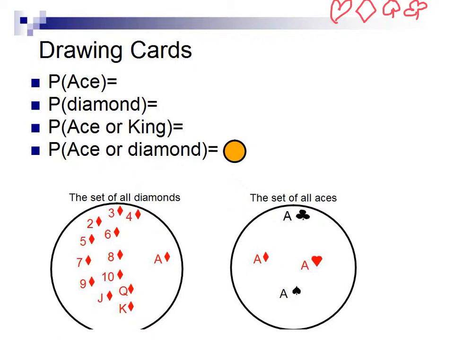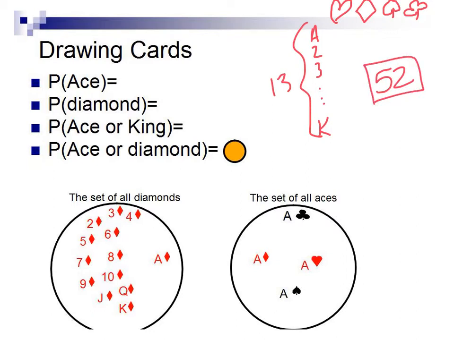Now, with those 4 suits, you have numbers, ace all the way to king, and so there are 13 of each one of those. You've got an ace, a 2, 3, all the way to a king, and that's 13 different numbers in each one of those suits. So that is a total of 52 cards. We don't usually talk about the jokers unless it says something about the jokers.